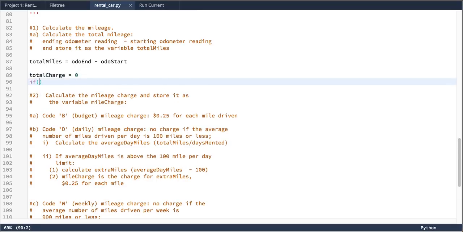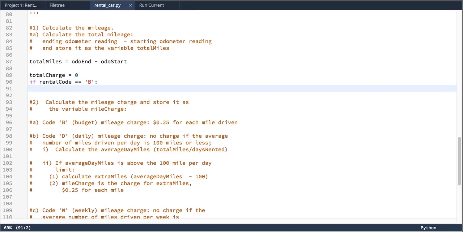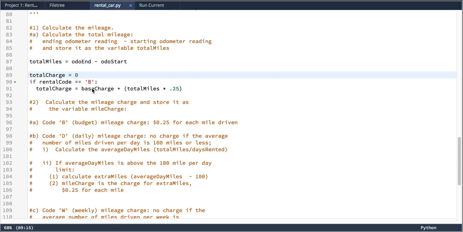And now I'm going to say if rental code double equals budget B, then total charge is going to be total base charge plus total miles times 25 cents.